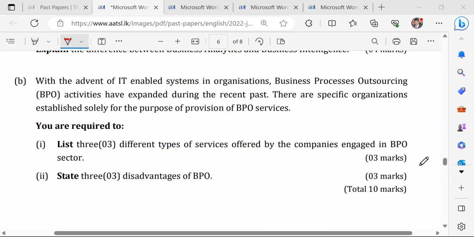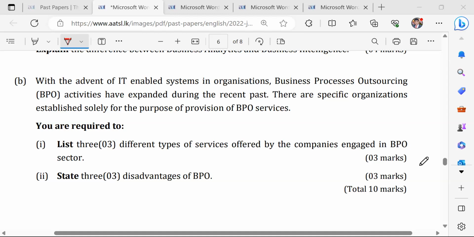Business process outsourcing means we are hiring an outside organization to carry out the business processes of another company. As an example, for HR salary preparation, we can hire another company to prepare our salaries. Then we are not preparing our salaries; another BPO company prepares salaries on behalf of us.